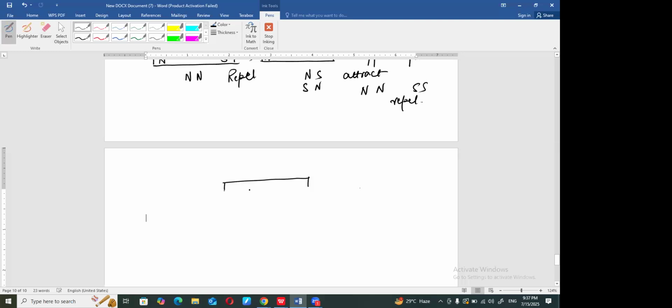And this magnetic region can be shown in the form of magnetic lines, which start from the north and end at the south, shown by arcs like that.